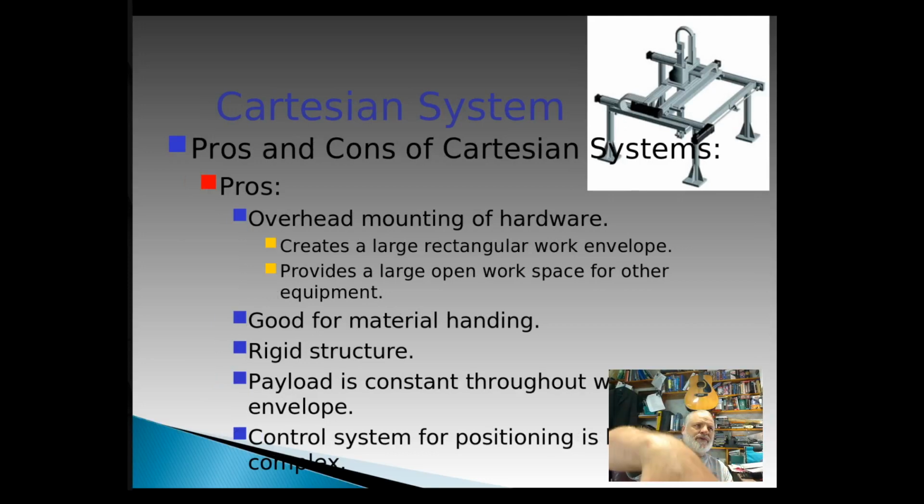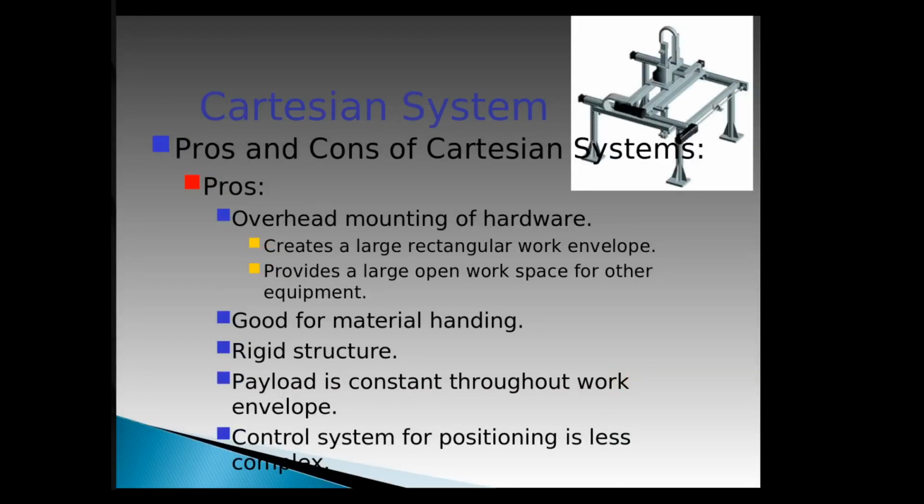The further you have to reach out and bend over, the more stress that puts on your body, on your back, that kind of thing. With a gantry type system, since you've got that support on all 4 sides, it minimizes that stress even when working near that maximum payload.